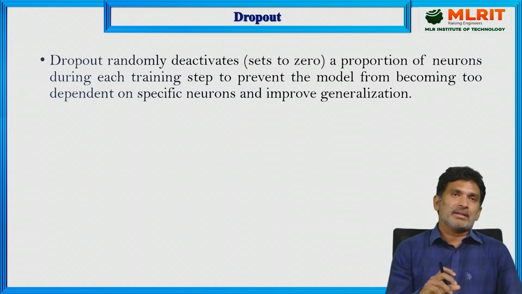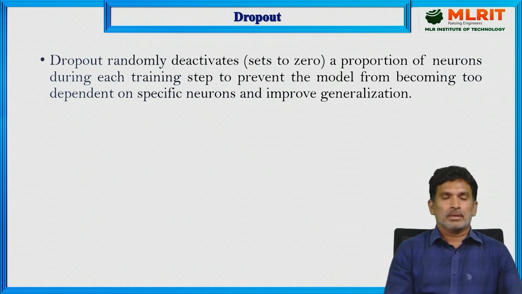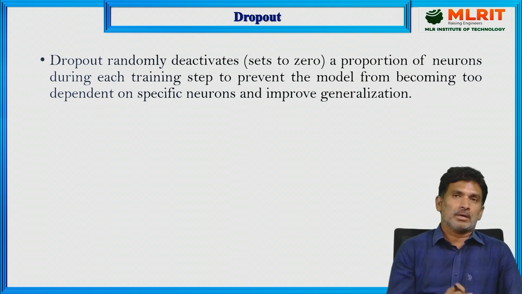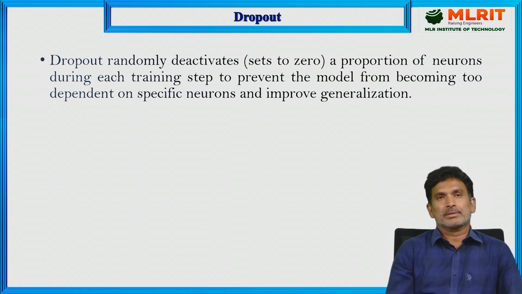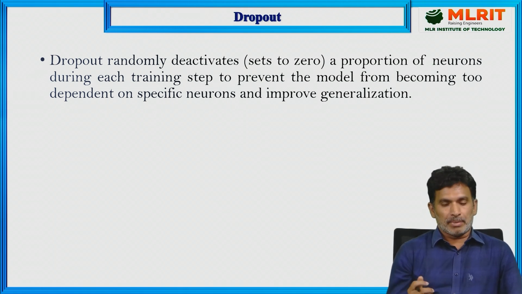And if you look at the definition of dropout, it randomly deactivates, that means it sets to 0, a proportion of neurons during each training step, to prevent the model from becoming too dependent on specific neurons and to improve the generalization.